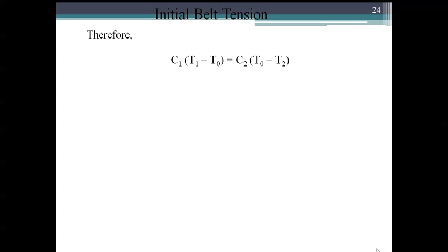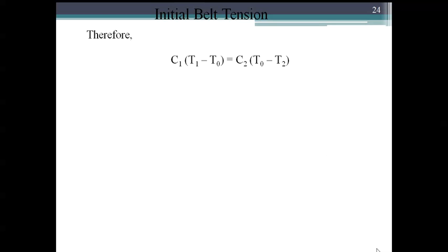Nothing but, if the belt is rotating, one side has more tension and the other side has less tension. In rest position, both sides have the same tension, that is the initial tension T0. So when it starts rotating, one side has T1, the tight side, and the other side has T2, the slack side.